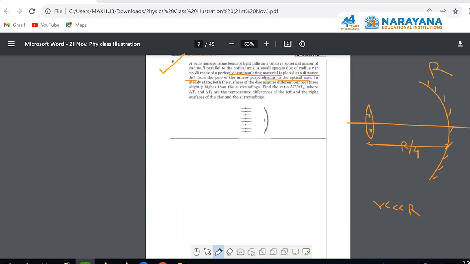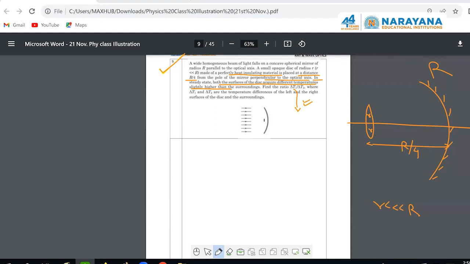Now what does he want? He is saying, in the steady state, both the surfaces acquire different temperatures which are slightly higher than the temperature of the surroundings. And what is that difference? Delta T1 and delta T2. So can we find out that ratio delta T1 is to delta T2 in the steady state?